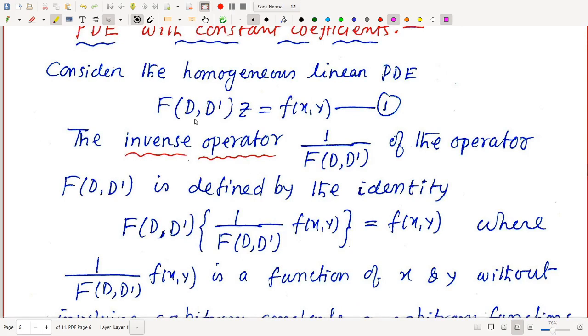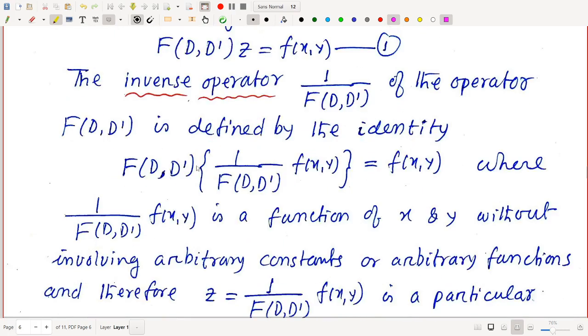It differentiates partially with respect to x and with respect to y, with mixed and higher order also. The inverse operator 1/f(D, D') is defined by the identity: f(D, D') operating on 1/f(D, D'), and this operating on f(x,y), finally produces only f(x,y).